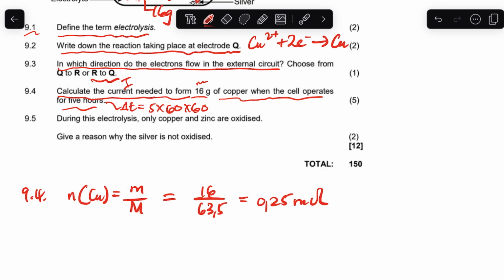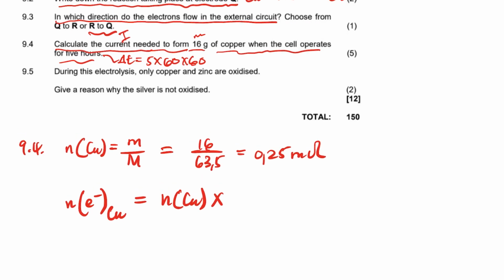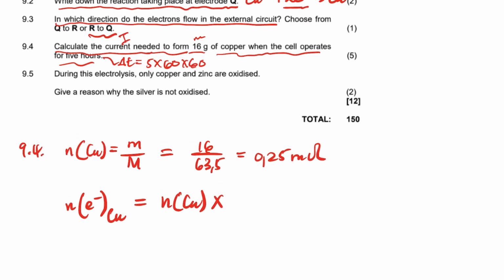And then step number 2, we change the number of moles into the number of moles in terms of electrons. So the number of mole electrons for copper is going to be the number of mole of copper times the 2 electrons, because Cu has 2 electrons.